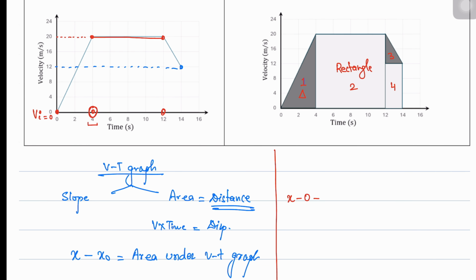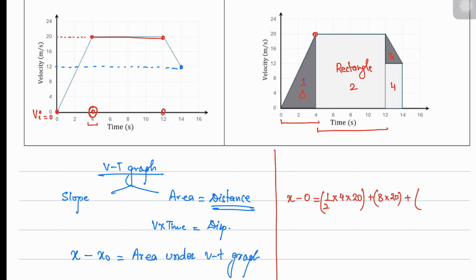x minus 0 equals, first, half into base, which is your 4, height is your 20. Clear? This is the first area. Plus second area, rectangle, length into breadth. So what is the length? 8 multiply height is 20.